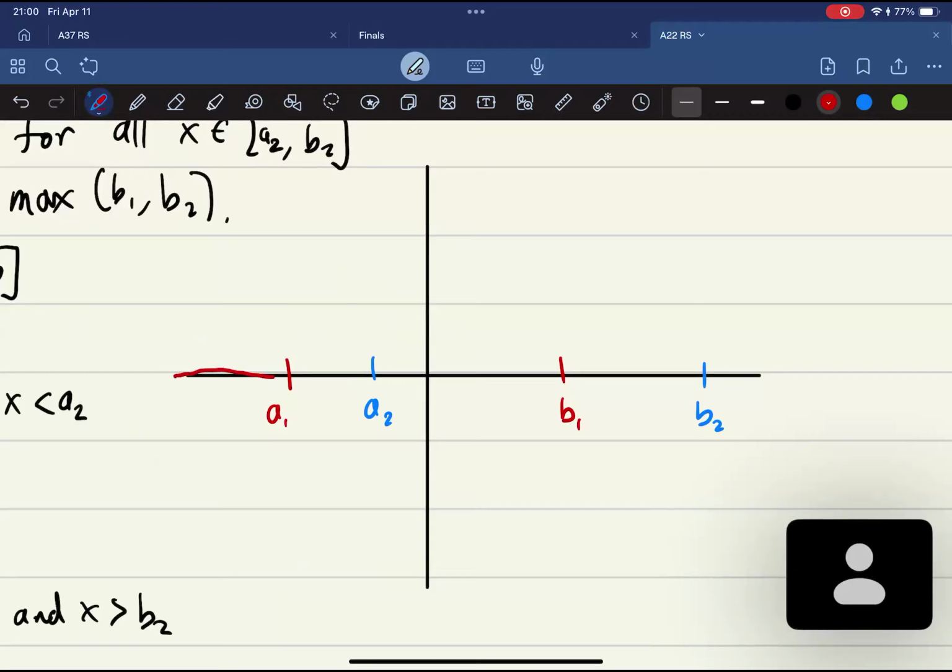So f will be this red graph here, which is 0 outside of (a1, b1). Then it will take on some maybe non-zero values here. Same with g.